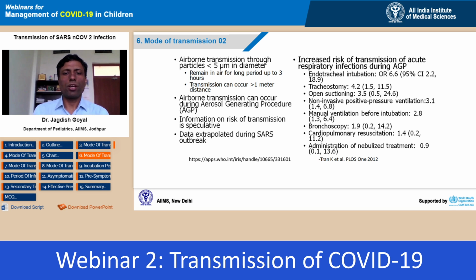Airborne transmission can also occur during an aerosol generating procedure. Information on risk of transmission is from speculative data during the SARS outbreak. This study was published in 2012, and you can see the risk in different aerosol generating procedures.